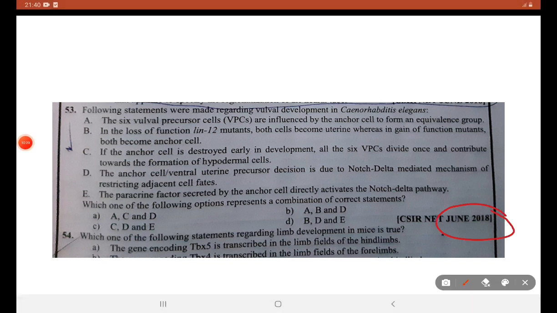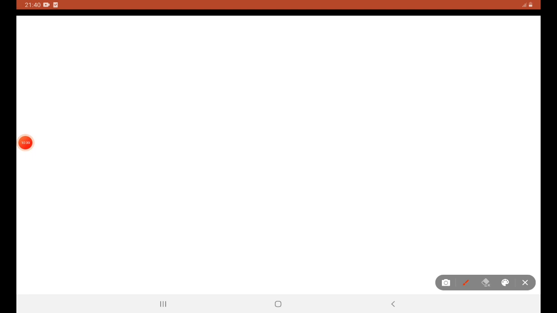June 2018 question from C. elegans. So this is about C. elegans specification. C. elegans will have an anchor cell.